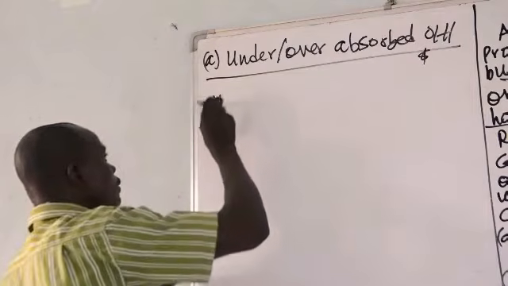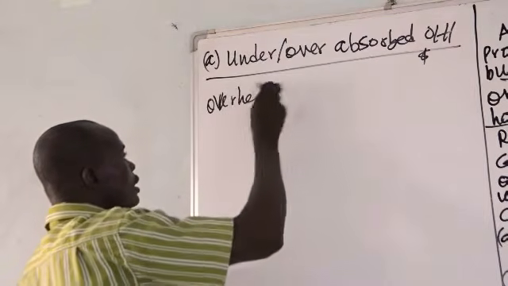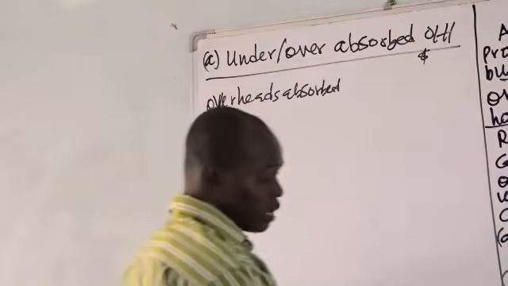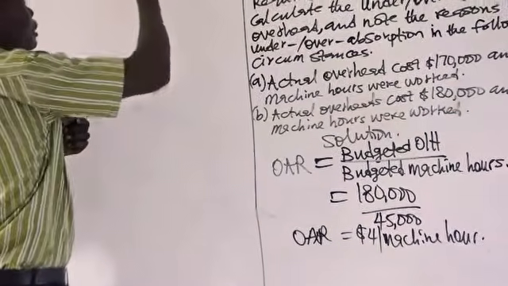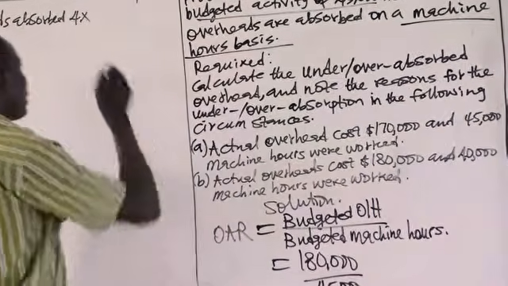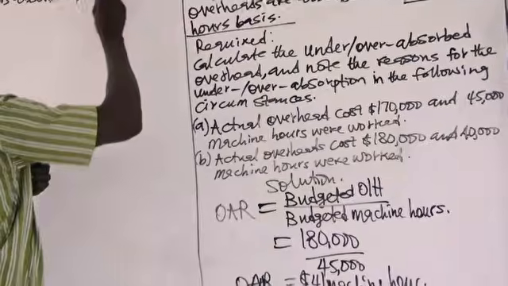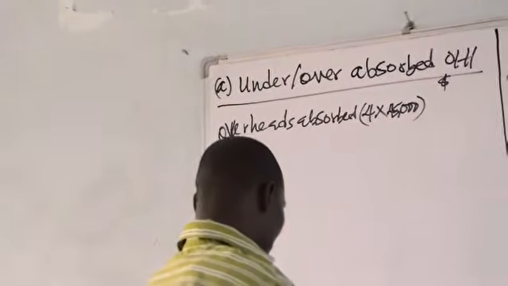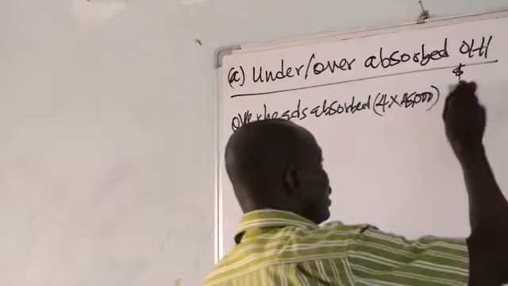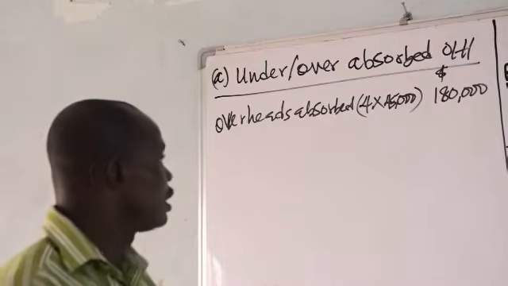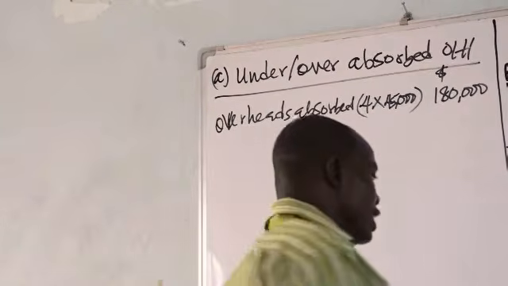Overheads absorbed: the overhead absorption rate as calculated is $4 multiplied by the activity, which is 45,000 machine hours. So 4 times 45,000 will give us $180,000. Overheads absorbed is $180,000.